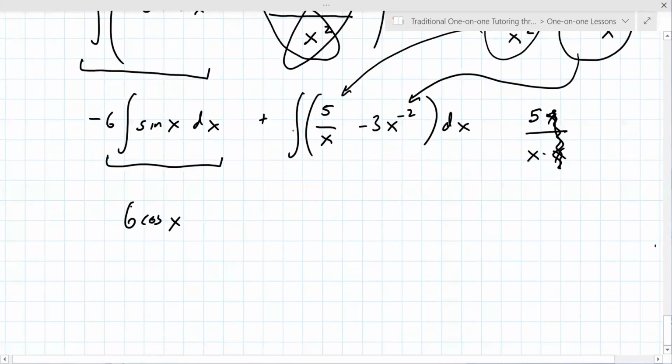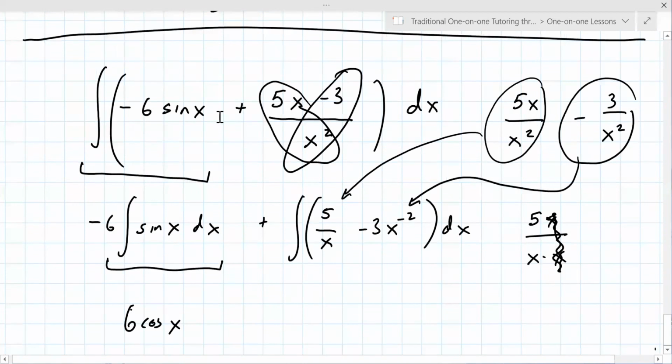Okay, so what is the integral of these two over here on the right? 5 over x minus 3x to the minus 2. Could we go up a little bit? I want to see. Okay, the integral of 5 over x is 5 natural log of the absolute value of x.